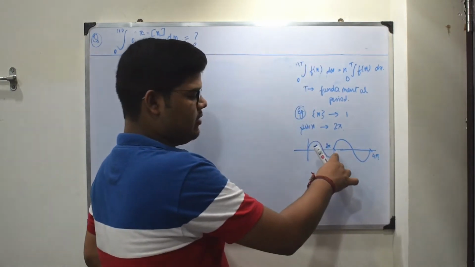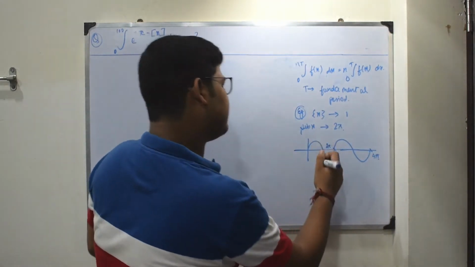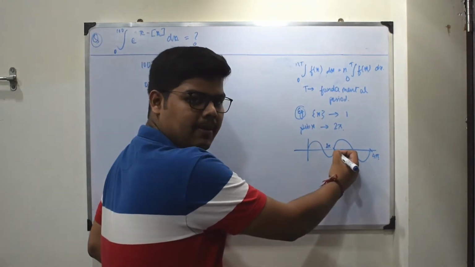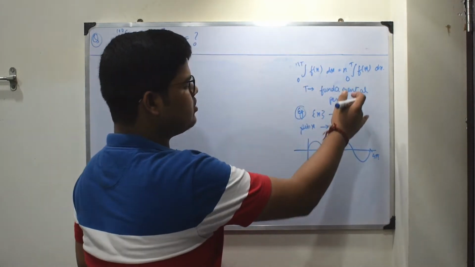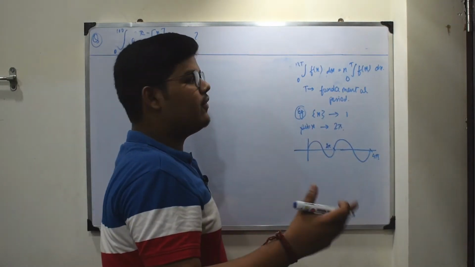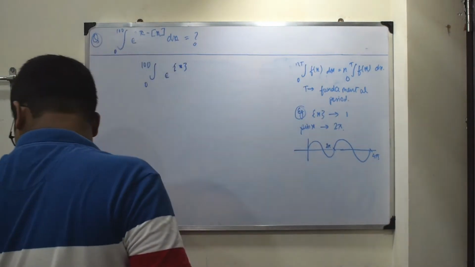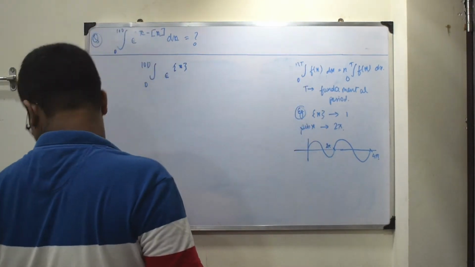So 2 pi is the fundamental period, and after this the graph repeats itself. The period is 2 pi, which means after every 2 pi the graph of the function will repeat itself. Now coming back to the question, you may note down this concept.